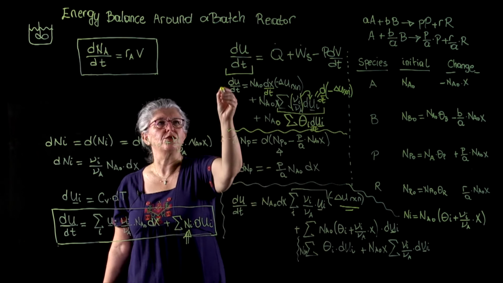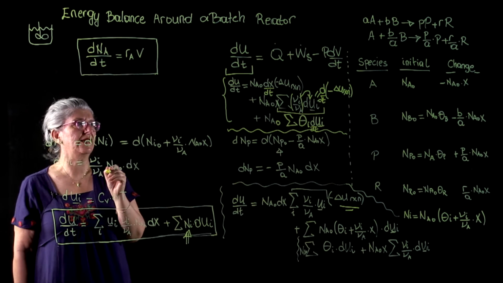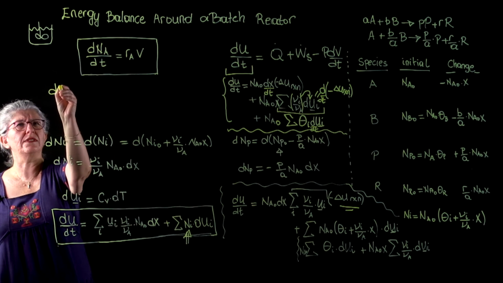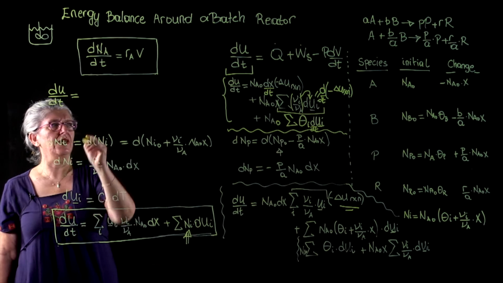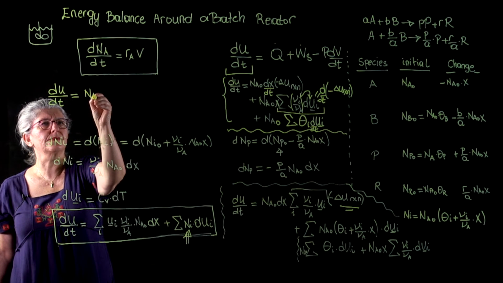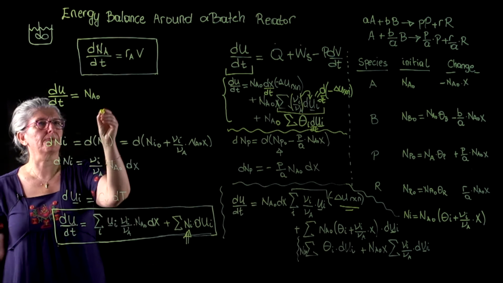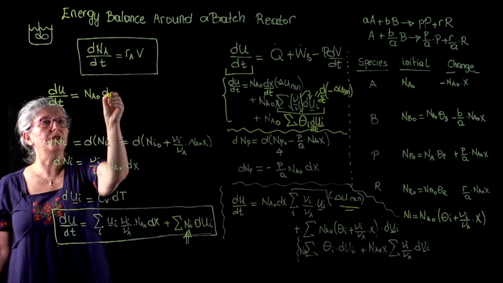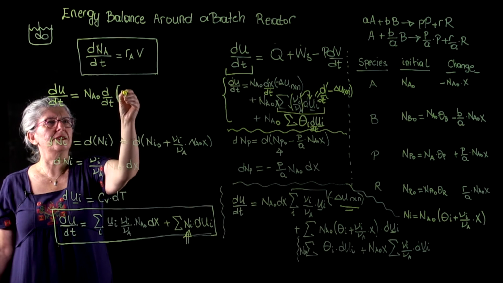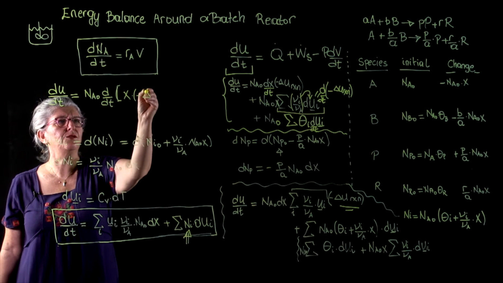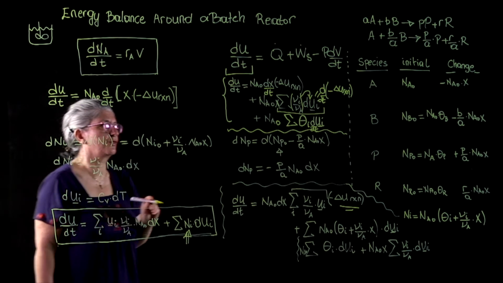All right, so this crowded domain looks like this. du over dt is equal to Na0 d over dt x times minus delta U reaction. I have combined these two terms.